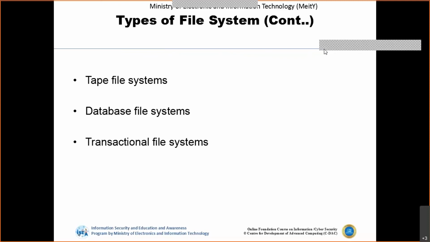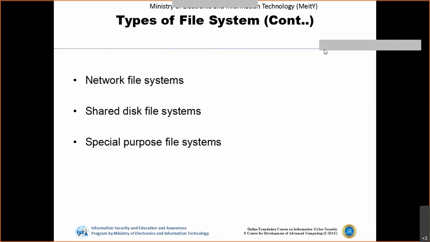All these operations are done simultaneously. For this kind of thing, there is a need for transactional file systems, which guarantee that along with storage, archival and retrieval, the transactions can also be finished completely. This is where transactional file systems are useful.